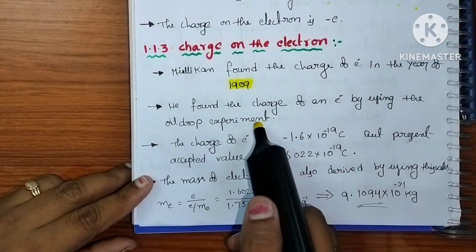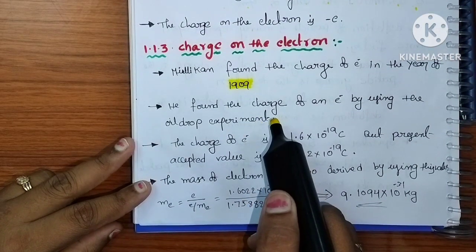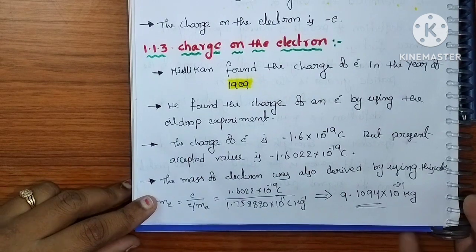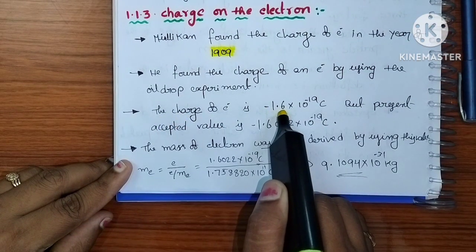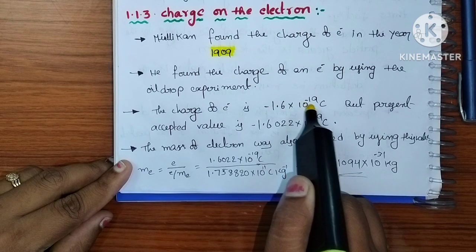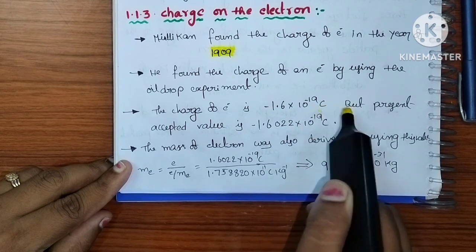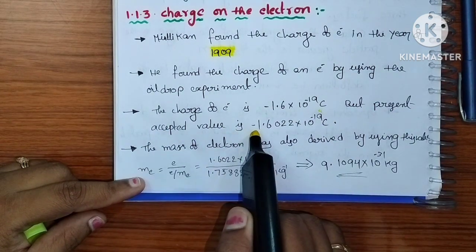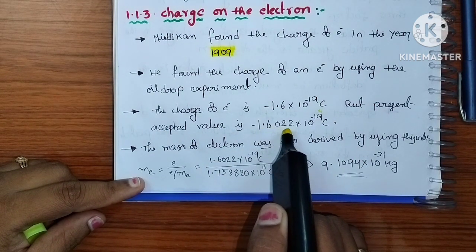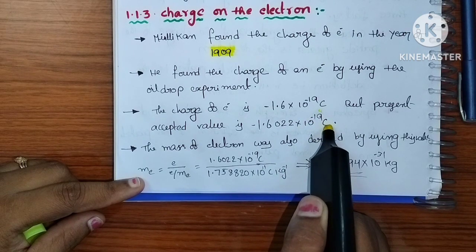By using the oil drop experiment, he found out the charge on the electron. So finally, the charge on the electron is minus 1.6 into 10 power minus 19 coulombs. But the presently accepted value is minus 1.6022 into 10 power minus 19 coulombs.